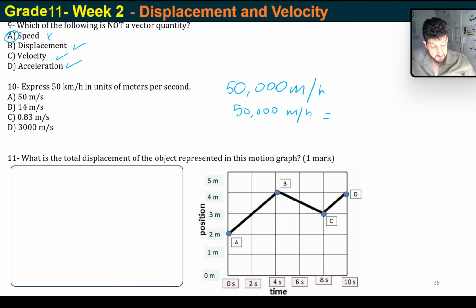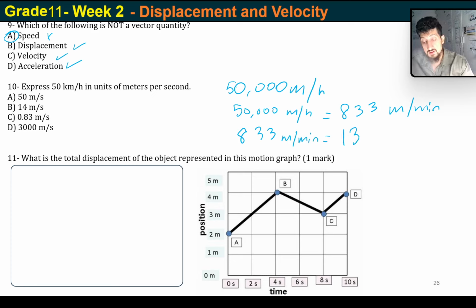You don't have to do it this lengthy way. 833 meters per minute. And then we change 833 meters per minute to meters per second, which equals 13.9 meters per second.